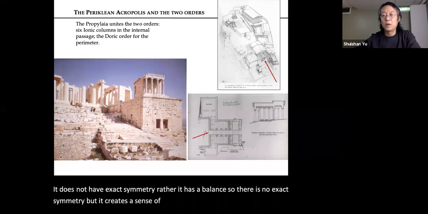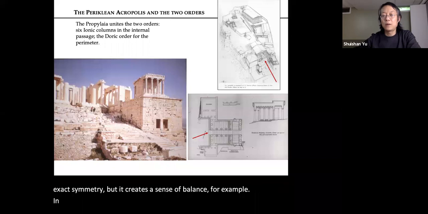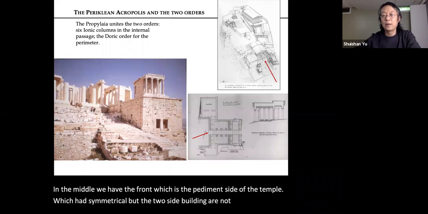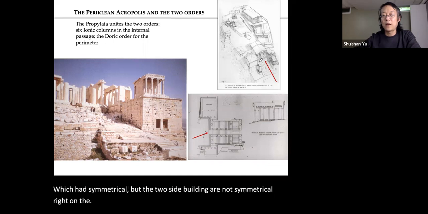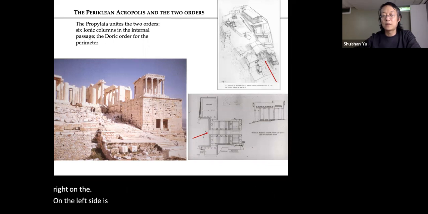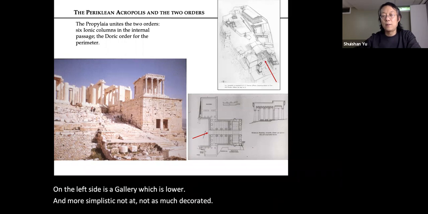For example, in the middle, we have the front, which is the pediment side of the temple, which is symmetrical, but the two side buildings are not symmetrical, right? On the left side is a gallery, which is lower and more simplistic, not as much decorated, and wider.